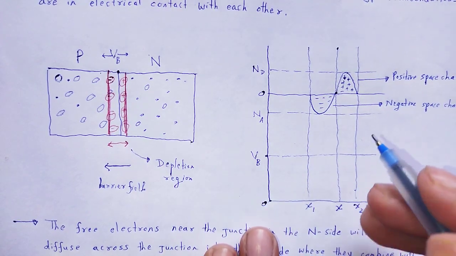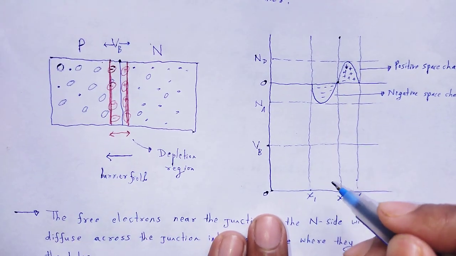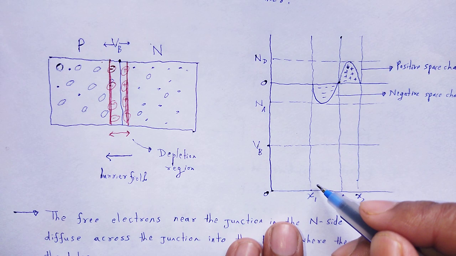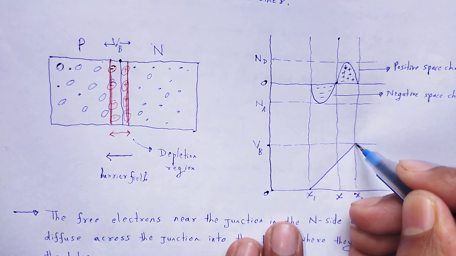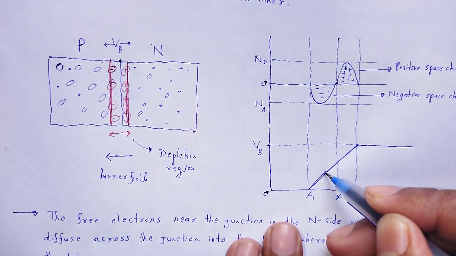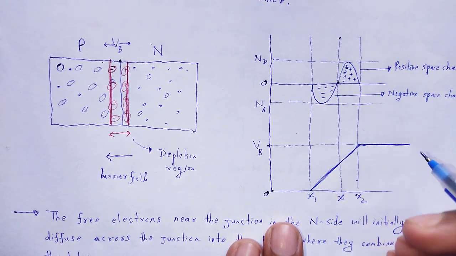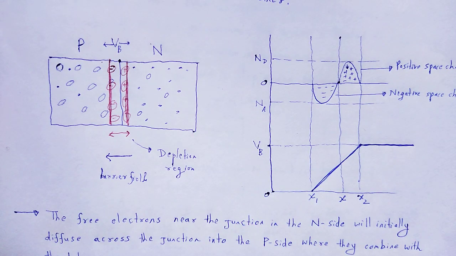The variation of potential: at x1 the potential is minimum, gradually the potential increases and then it is constant.